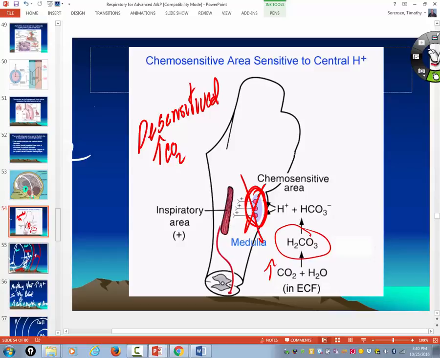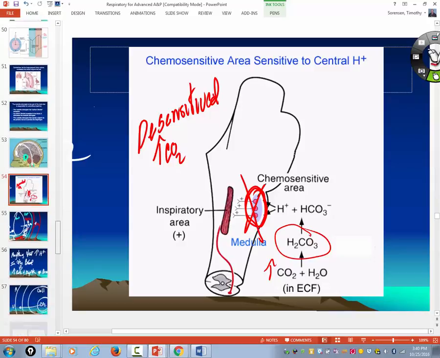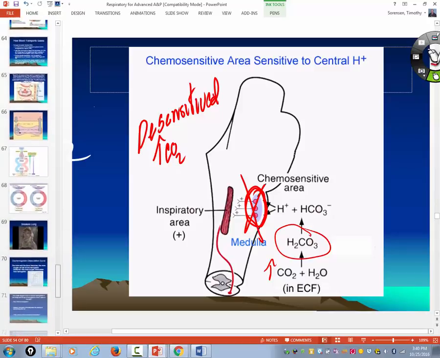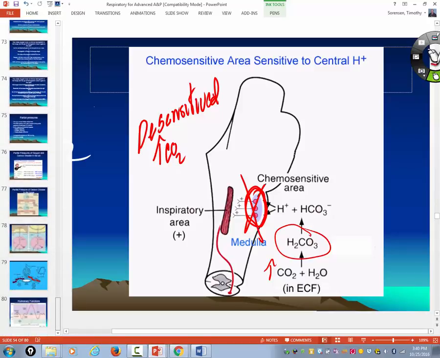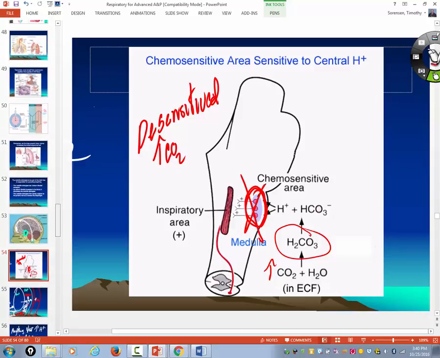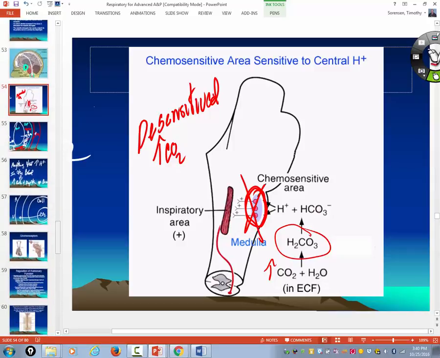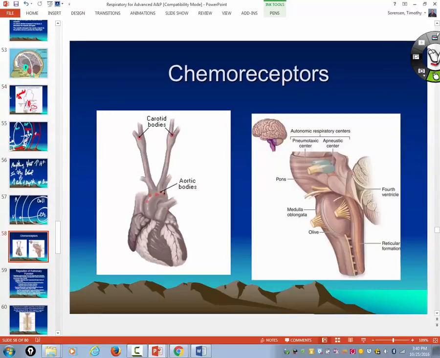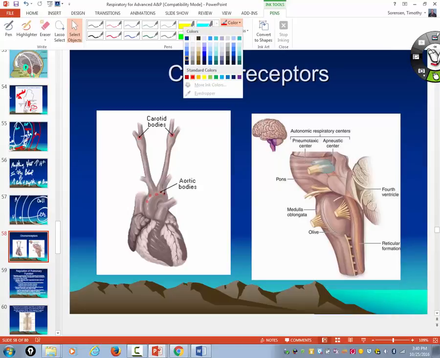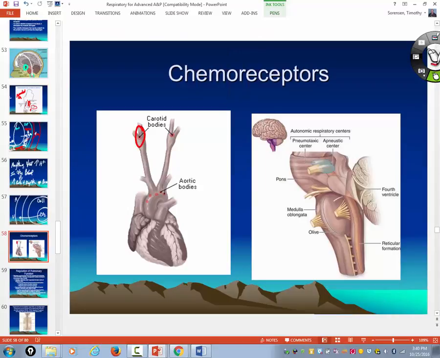But we talked about the fact that you have chemoreceptors, peripheral chemoreceptors that can affect breathing, heart rate, and blood pressure. And they're located in the carotid arteries and the arch of the aorta. They are called carotid bodies and aortic bodies. And these guys are chemoreceptors, right?